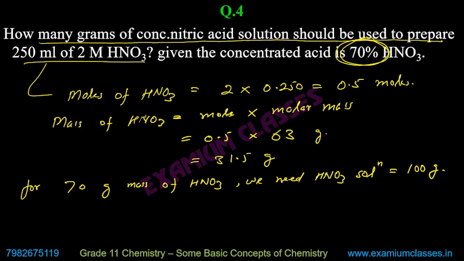What is asked? How many grams of concentrated nitric acid solution? Solution is asked. So we need to use this relationship: 70 grams of HNO3 will be present in 100 grams of solution.